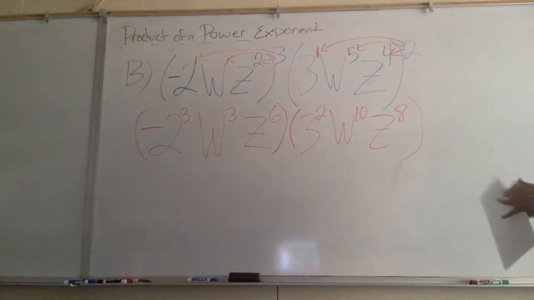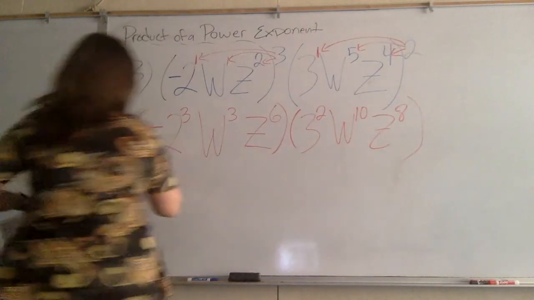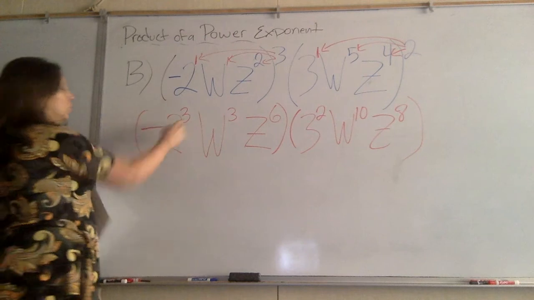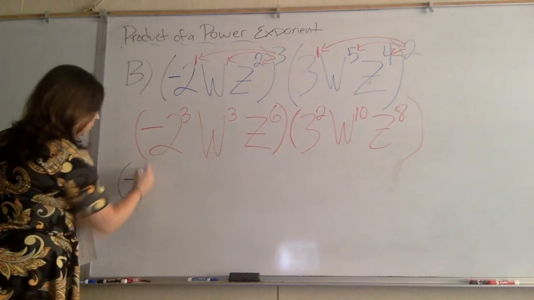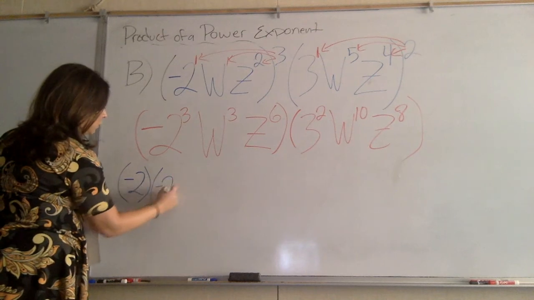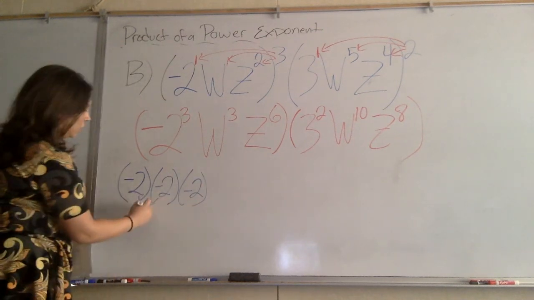So far, so good. Hopefully that's true. All right. Negative 2 to the third means I have negative 2 times negative 2 times negative 2. Negative 2 times negative 2 gives me a 4.